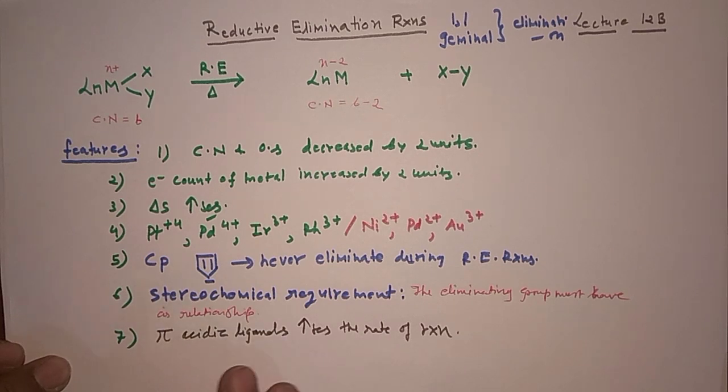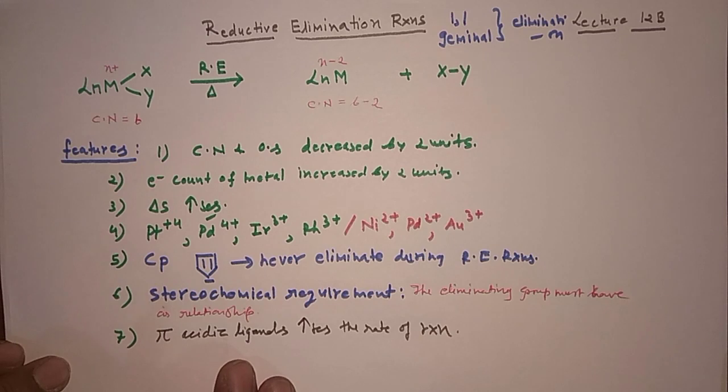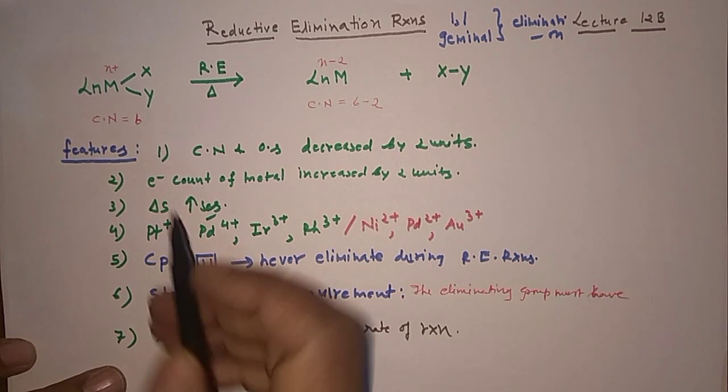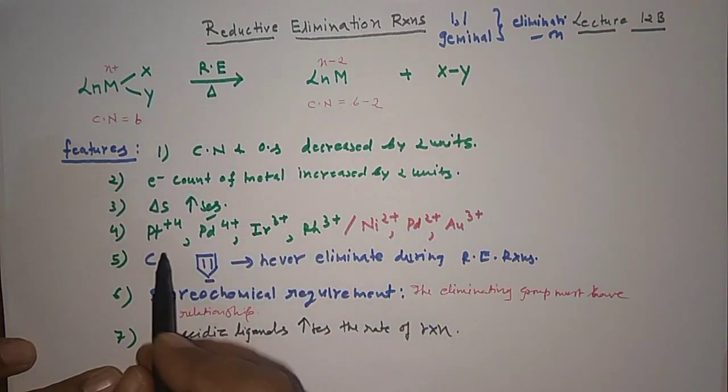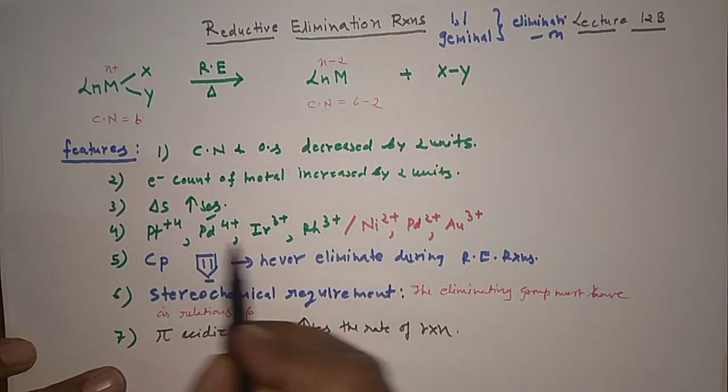Okay, see why these pi acceptor ligands increase the rate of the reaction or facilitate the rate of the reaction. See, for example, you already know electron deficient metals, right?